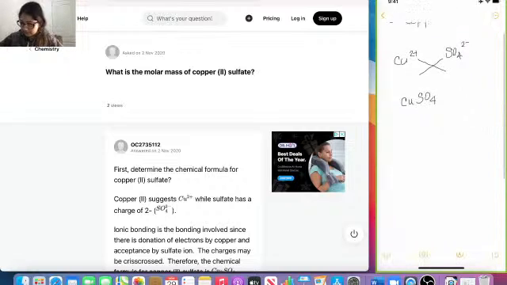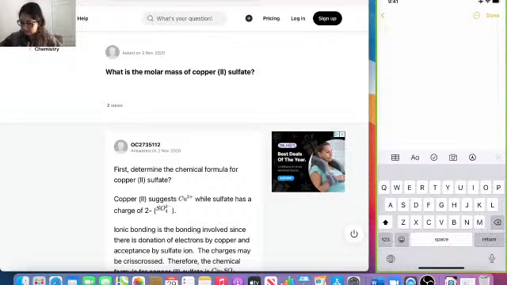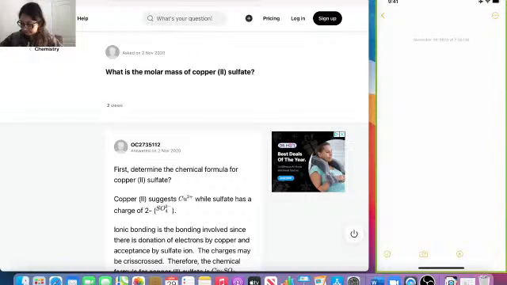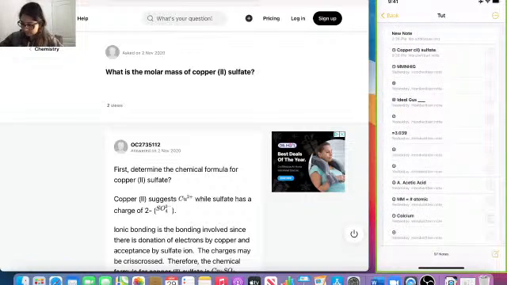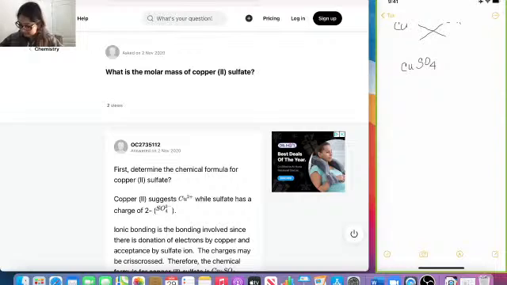And so here we are trying to find out the molar mass.